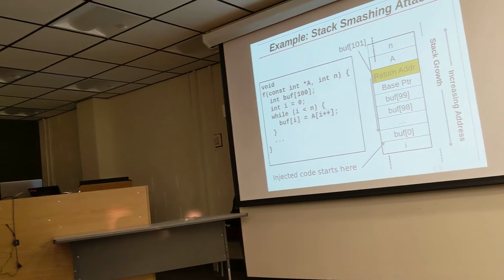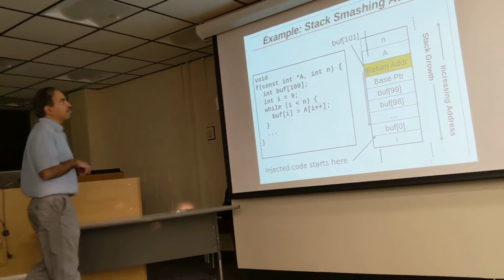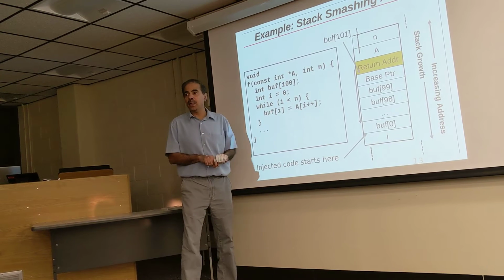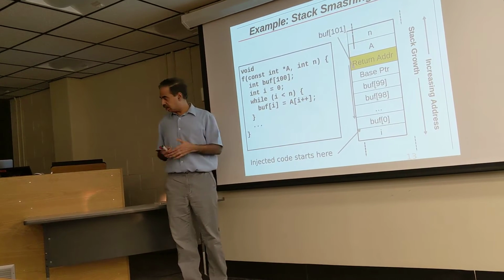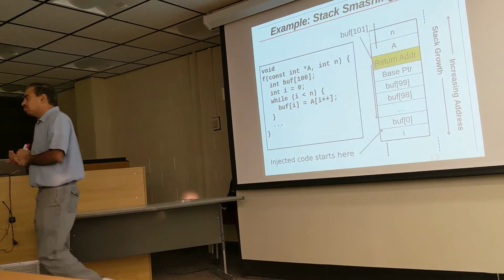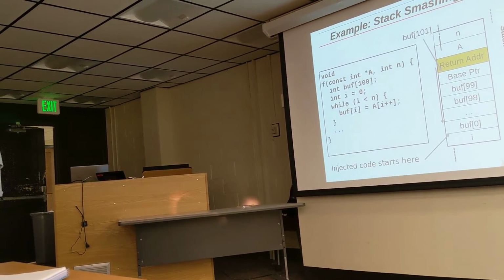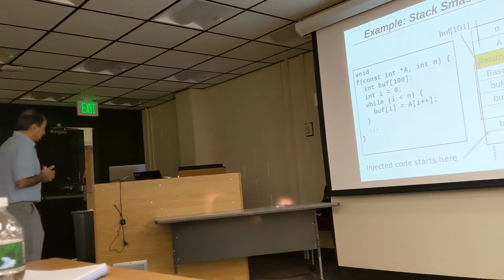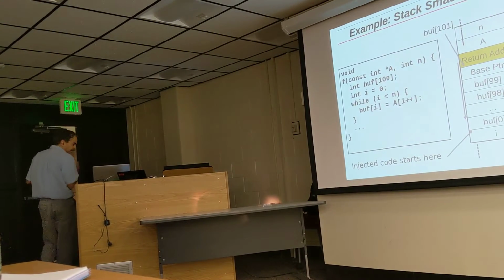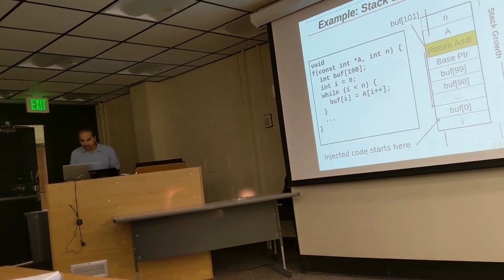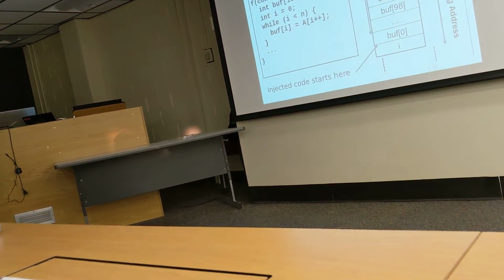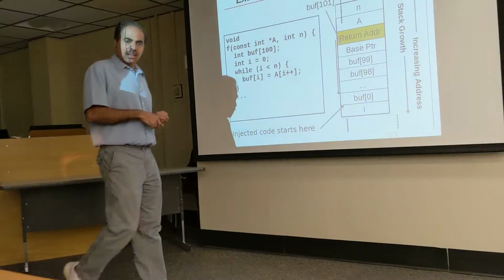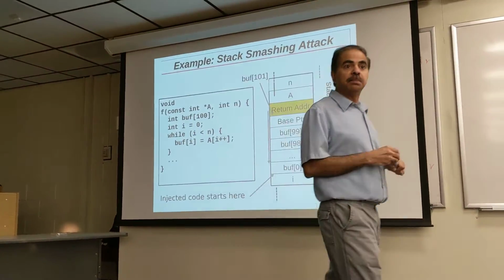So this is how the simplest form of stack smashing attack works. So you can do this, and the attacker can get their code to run. Okay, so this type of attack, right? So how many of you have heard of the Internet worm?